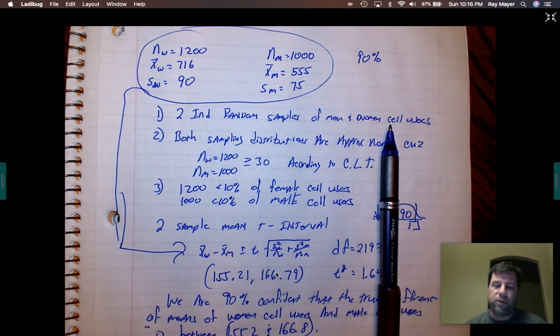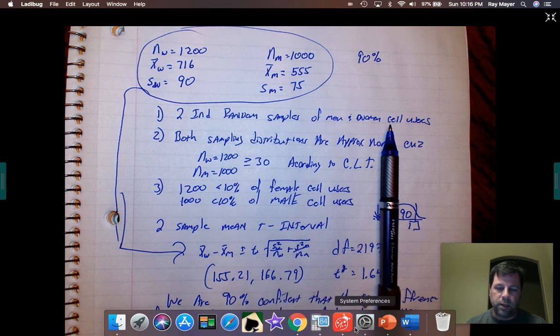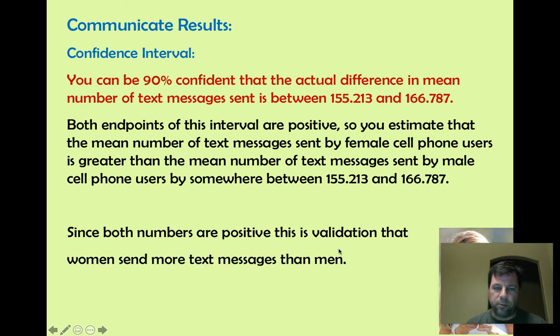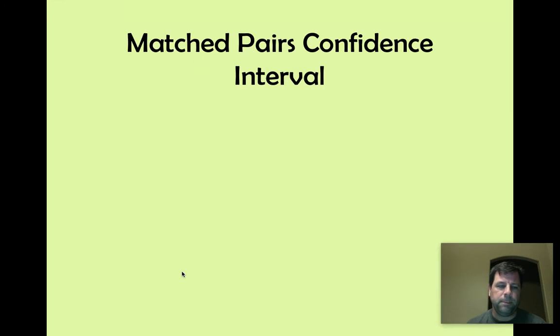And so you would have gotten the exact same thing if you flip-flopped it. It would have been the exact same conclusion. Okay? So just to make sure we recognize that. All right. Since both numbers are positive, this is validation that women send more text messages than men. Okay? All right. Good enough there.